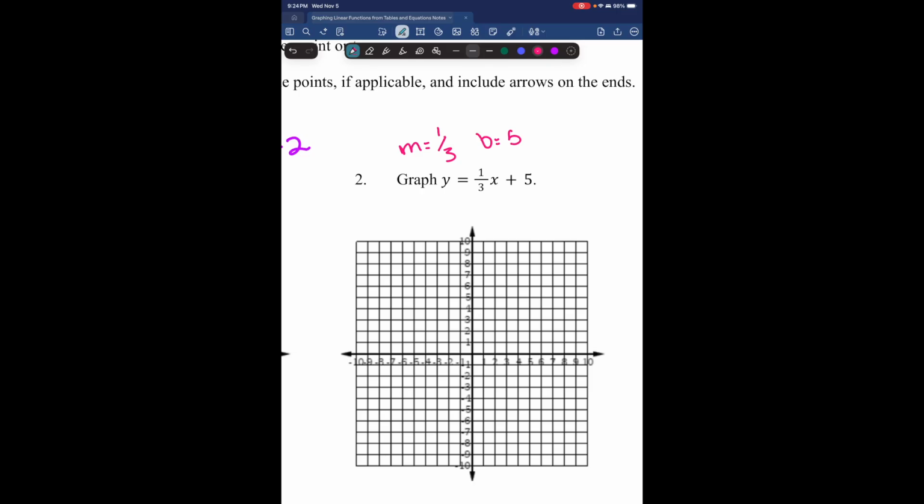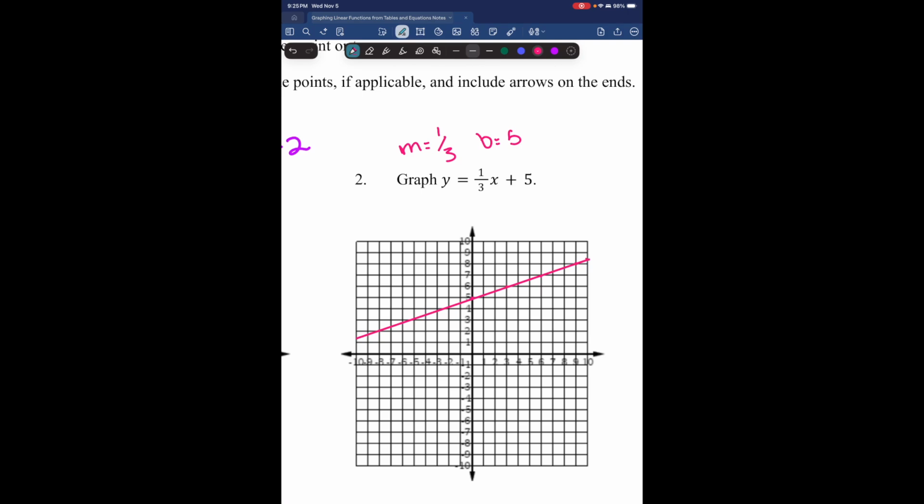So starting at 5, I'm going to go over 3, 1, 2, 3, and then up 1. Hopefully this line is pretty good. It might not be the greatest, but we're going to try.